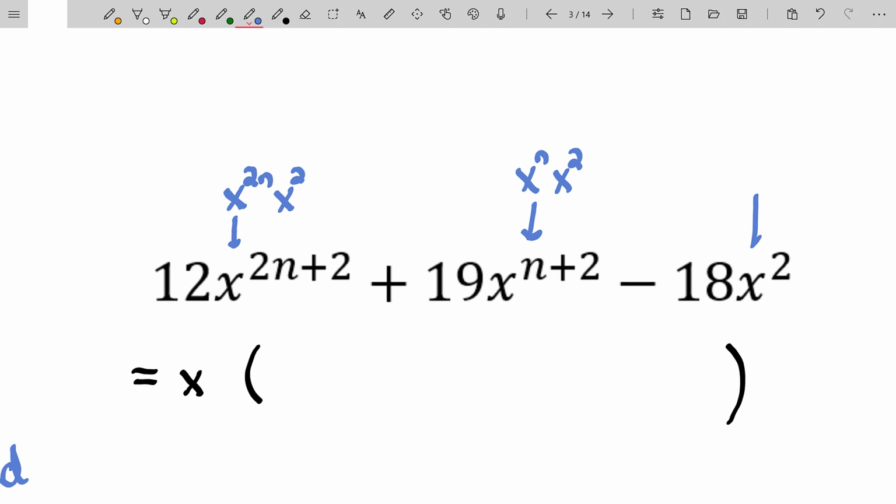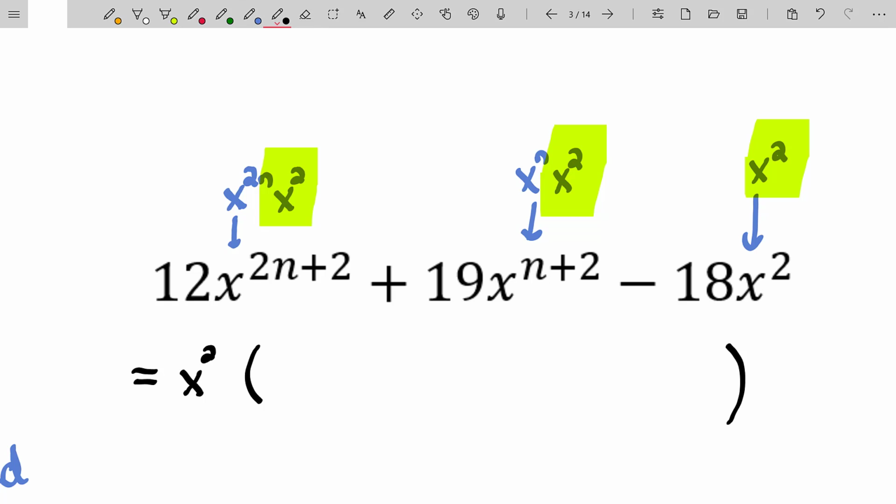Finally, that last guy right there is just an x squared. But if you notice, each of these has an x squared in common. That's the lowest powered version of x they have in common with each other. So let's go ahead and factor out an x squared.